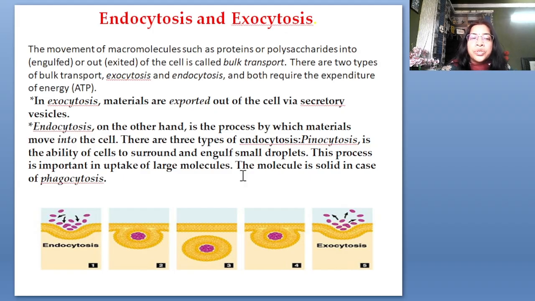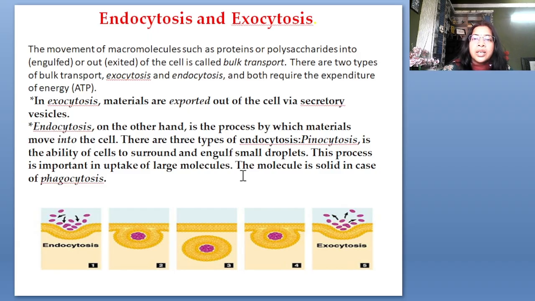Endocytosis and exocytosis are other mechanisms. The movement of macromolecules such as proteins or polysaccharides into or out of the cell is called bulk transport. There are two types of bulk transport, exocytosis and endocytosis, and both require the expenditure of energy.